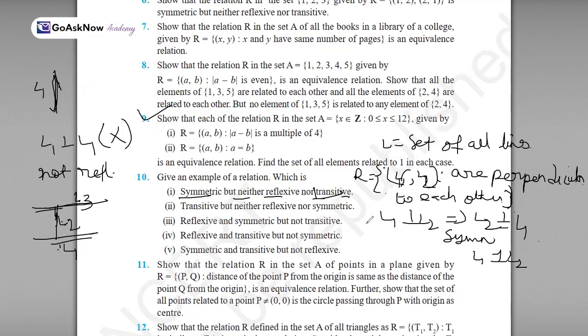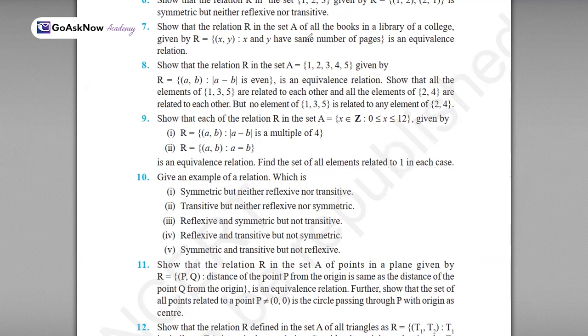Similarly, you can also try to give some relations which follow the other rules, whether they are transitive or not, reflexive or not. You can do the remaining part by yourself. Yeah. So we will move forward. Let's clear this part.